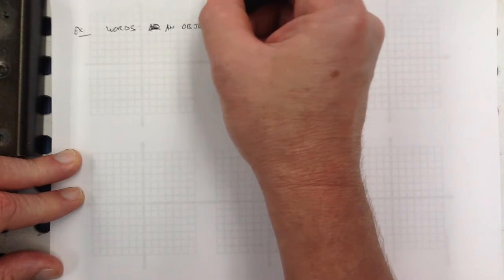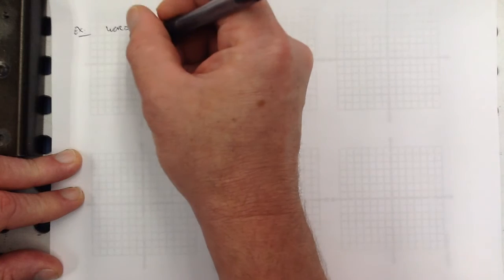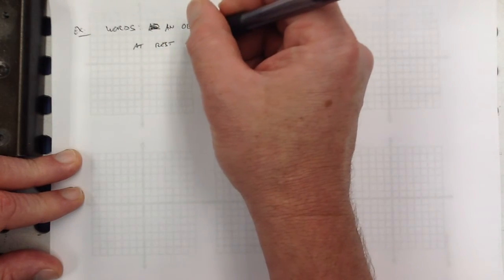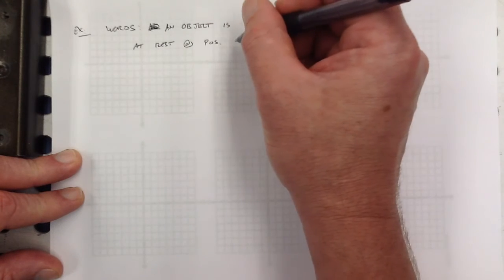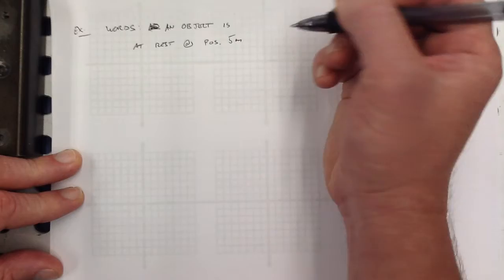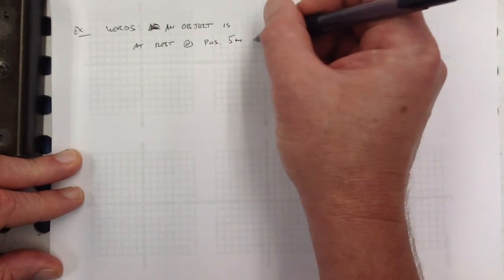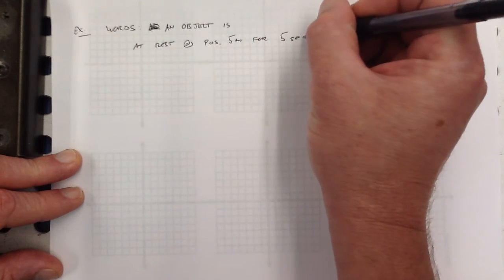An object is at rest at position 5 meters for 5 seconds.